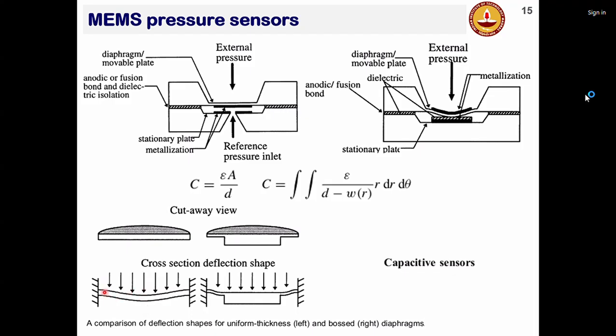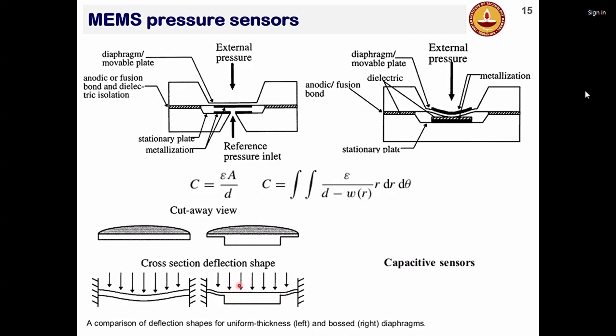You can even create special designs so that you will have a different flexural rigidity at different points between the walls, so that this kind of structure, when it's exposed to pressure, will not give you a parabolic deformation profile, but instead more of a straight rectangular kind of deformation profile.